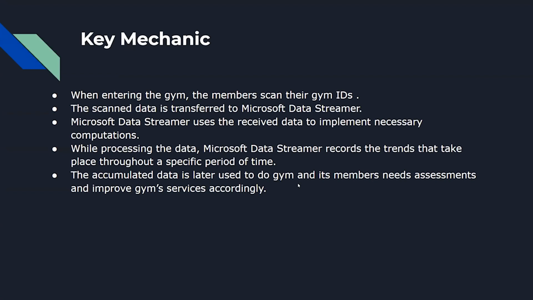When it came to the structure of our application, our key mechanics are based on the barcode scanners that are placed throughout the gym. Initially, when a user enters the gym, they scan their member's ID based on the last digit of the designated barcode scanner. That data is transferred to Microsoft Data Streamer, which stores all the members' personal information, such as profile, user ID, gender, time entered. The scanned barcode data then goes to our CSV file, which we import to the Data Streamer.